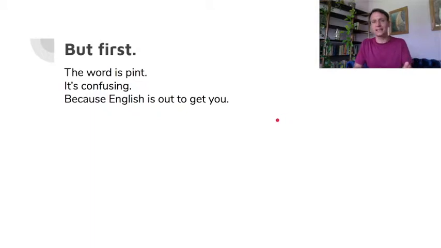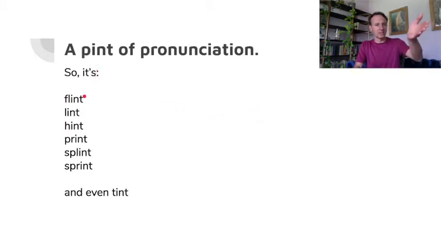And the reason is because English is out to get you. English has something against you and wants to make life difficult for you. I'm serious. The word's pint. Pint. Okay, because think about it. It makes no sense. Flint, lint, hint, print, splint, sprint, and even the word tint all say i, right?